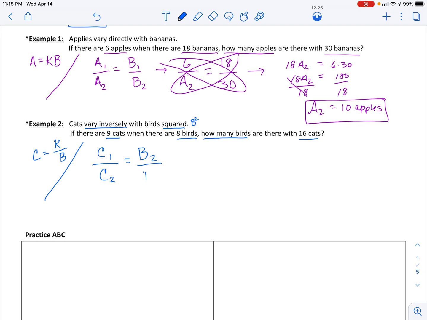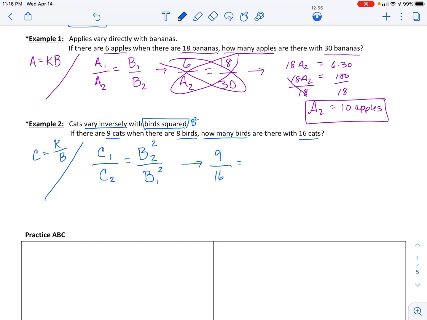Remember, we're going to actually use the inverse of this. So you flip that ratio, but it's B, all the birds are squared. That's what it says right up here. Birds squared. So we're going to have to actually square those in this case. Okay, so let's go ahead and figure this out. So cats in the beginning is 9. Cats in the end is 16.